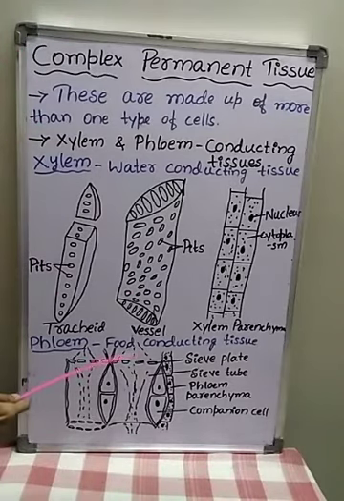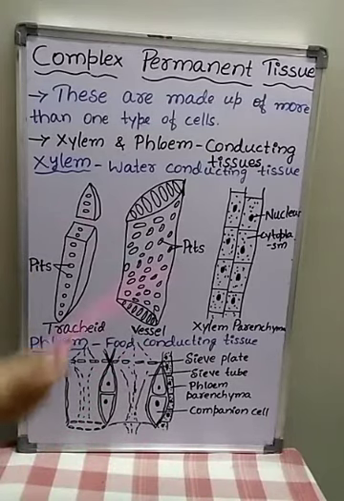Whereas the conduction of food through phloem is bidirectional or multidirectional. That means phloem conducts food in both forward and backward directions, upward and downward.